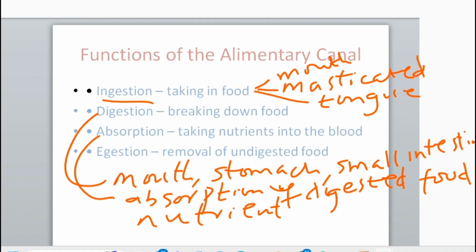Absorption actually takes place in what? In the ileum of the small intestine. That's where it takes place.